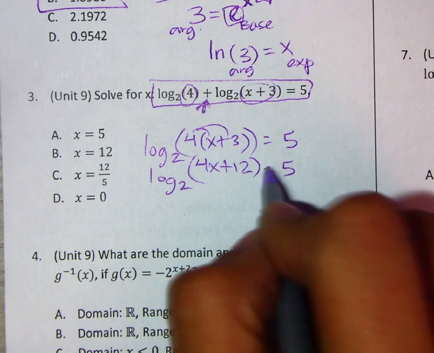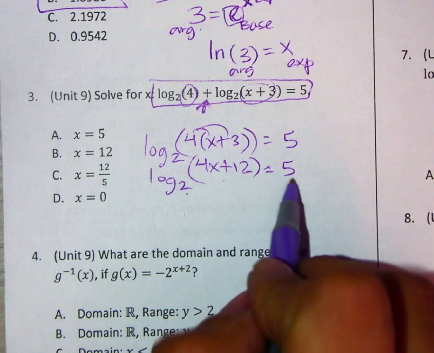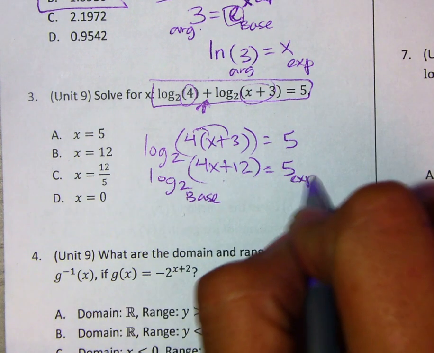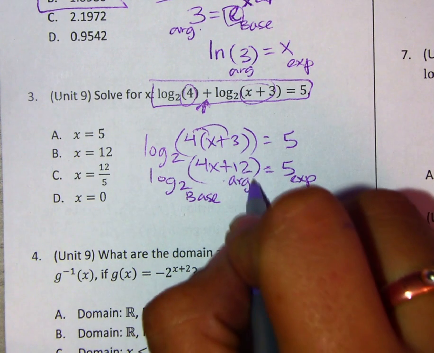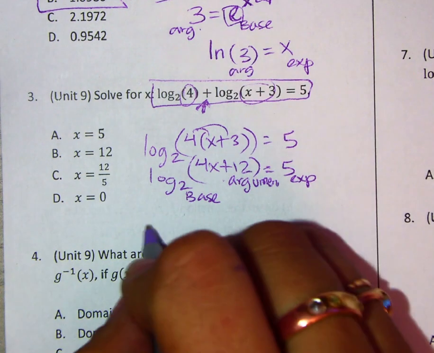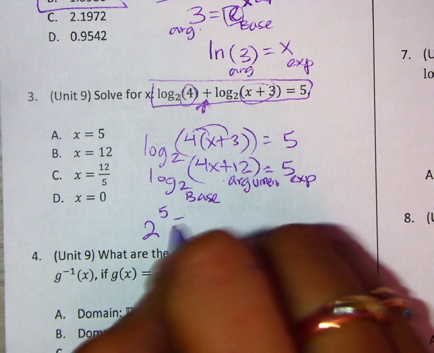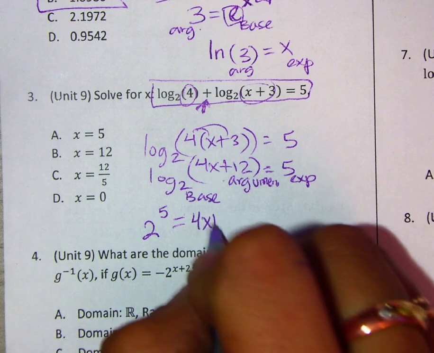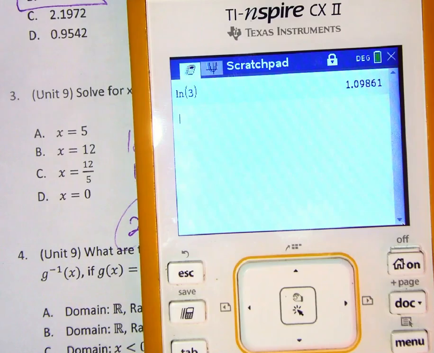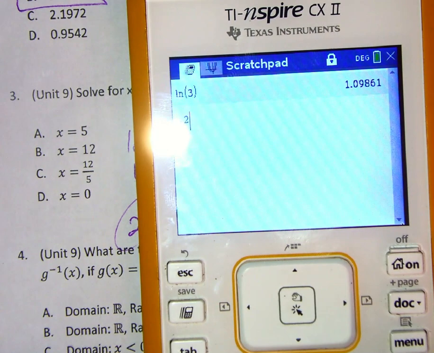And then now we identify that we have a base, an argument, and an exponent. So we have to rewrite this as base and exponent, and then equals the argument. So it's just back and forth compared to the top one. So base of 2, exponent of 5 equals 4x plus 12. 2 to the 5th power, it is 32, but you can always use your calculator.